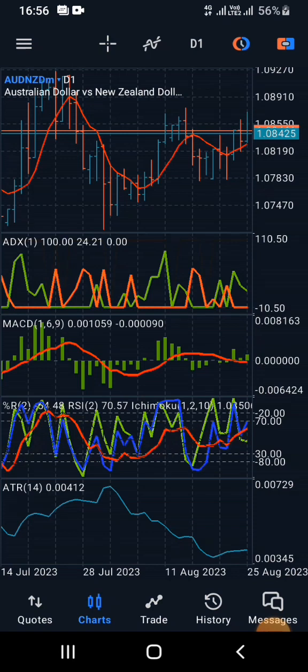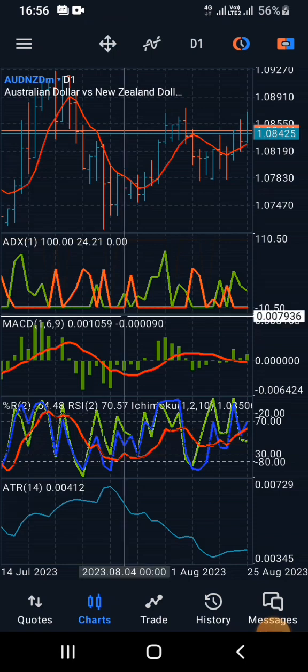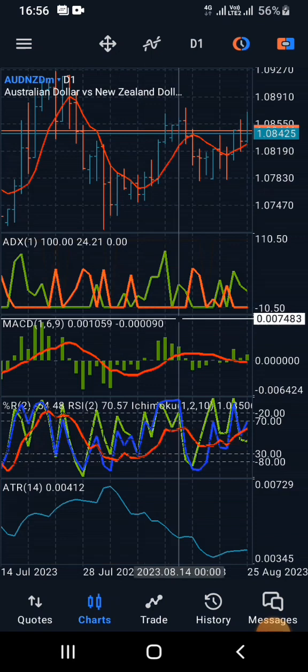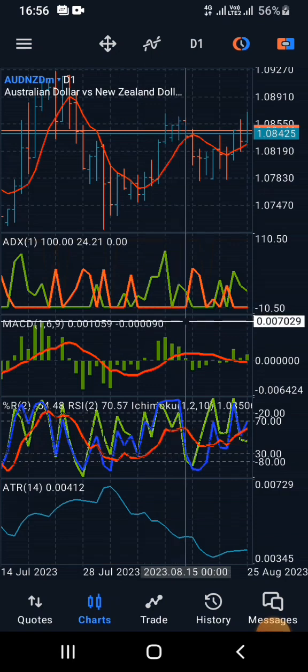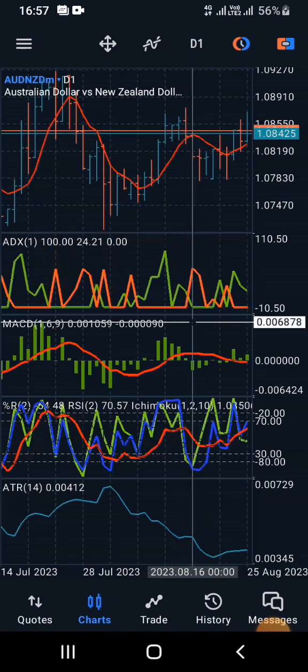Now you definitely have to be patient because there are some cases where it asks you to go long and some other indicators say it's short. In those kinds of scenarios, I will advise you do nothing. You wait till all your indicators say yes, we are in a long position, and then you can go long.